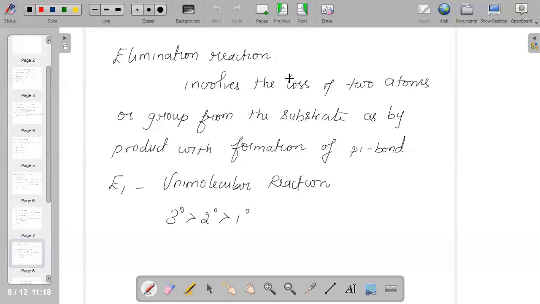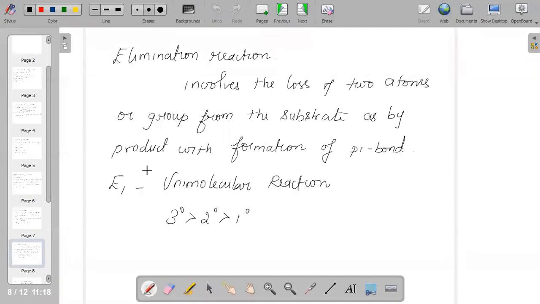The next important concept to be learned from this chapter is the elimination reaction. The reaction involves the loss of two atoms or groups from the substrate as a byproduct, with the formation of a pi bond. So we call it an elimination reaction. Elimination reaction is classified into two types, E1 and E2.